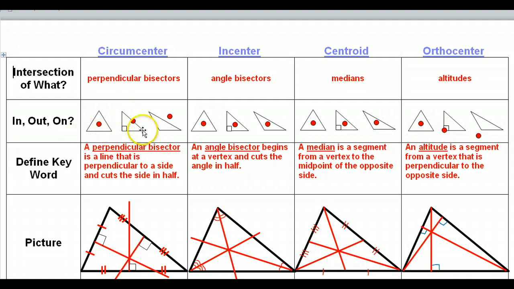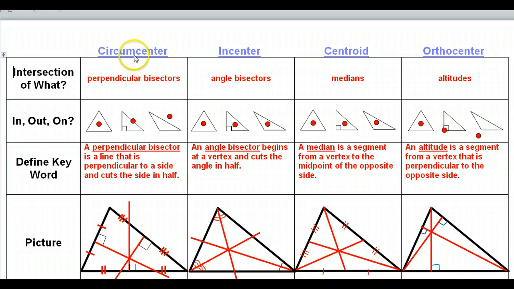Okay, so it wouldn't be that hard to memorize if you wanted to just memorize it. But also, you could draw a quick little sketch, and you could just see quickly whether it's inside, outside, or on the triangle. To be able to do a quick little sketch, you have to know these key words.